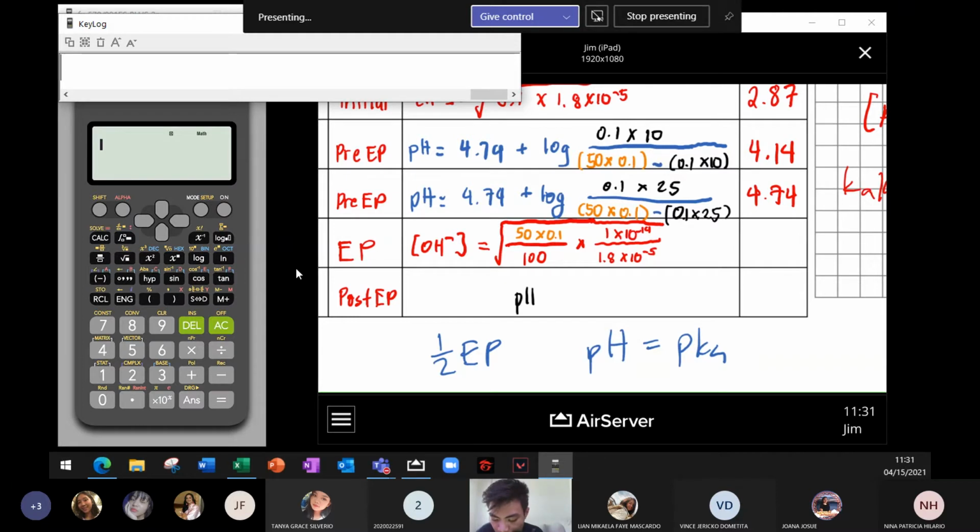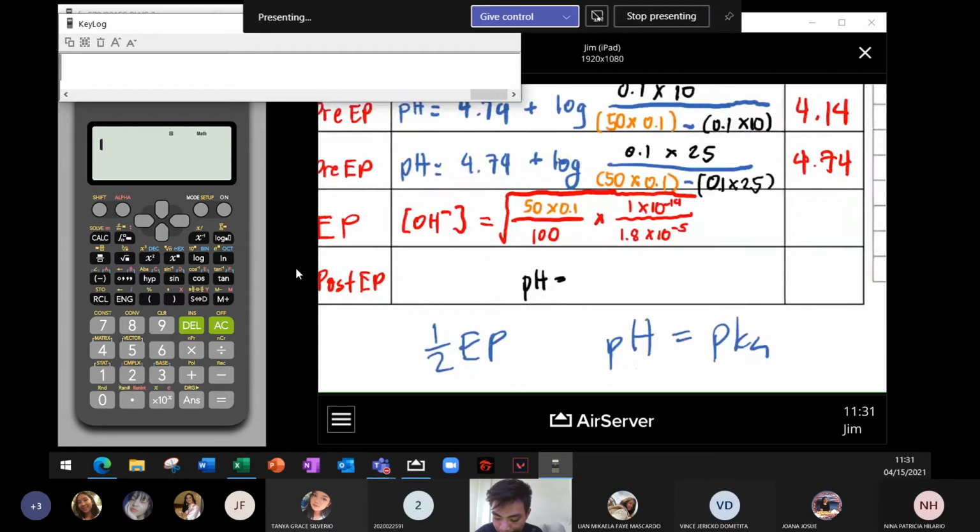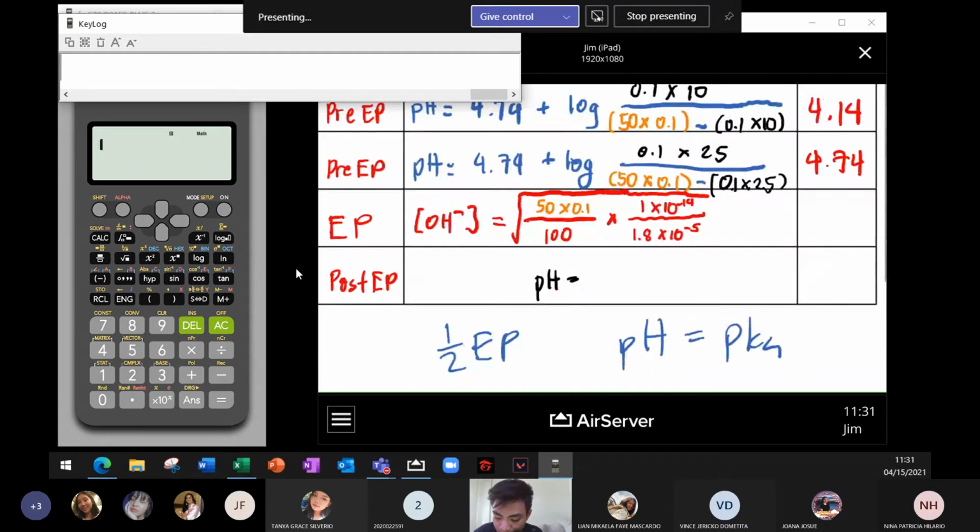Kunwari may POH ako, gusto kong kunin yung pH. Zoom in ko ulit. Wait lang. So, ginagawa ko 14 minus POH. And you know, POH is negative log nito. So, ginagawa ko 14 minus log ng OH.